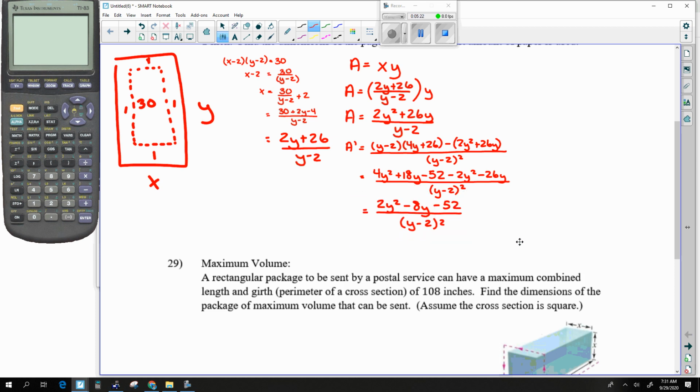All right, so critical numbers occur at 2, and then wherever the top is equal to 0.